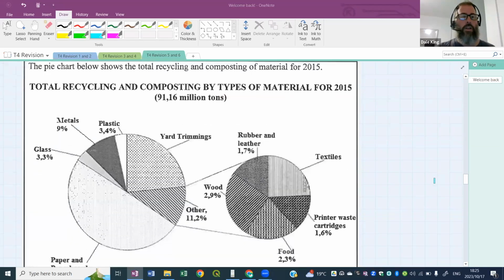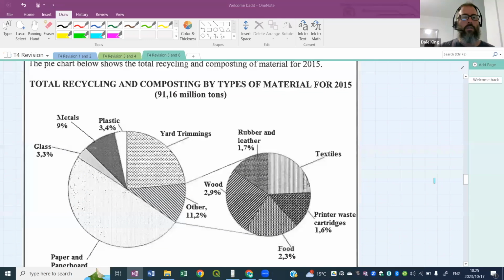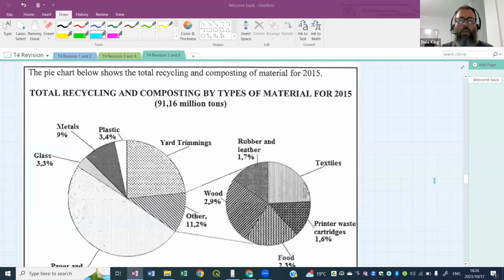All right, let's move on to one more pie chart question. Here we go. The pie chart below shows the total recycling and composting of material for 2015. So it says total recycling and composting by types of material for 2015. And here we have a value of 91.16 million tons.